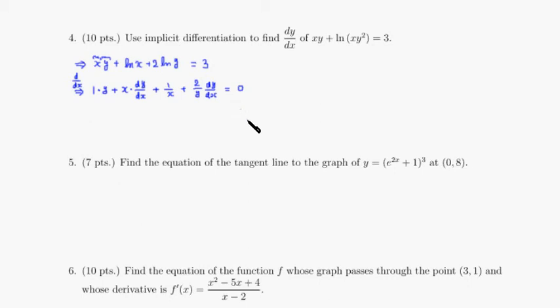The next step is to keep all the terms that have dy over dx in them on one side and everyone else on the other side. So we're going to keep this term and that term.